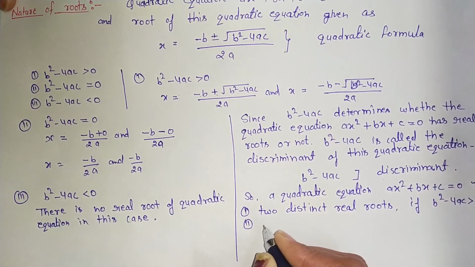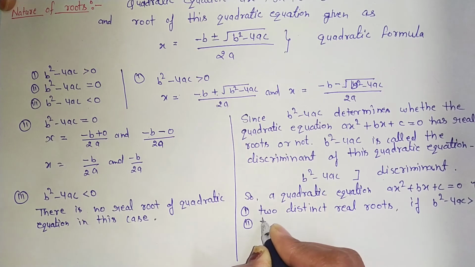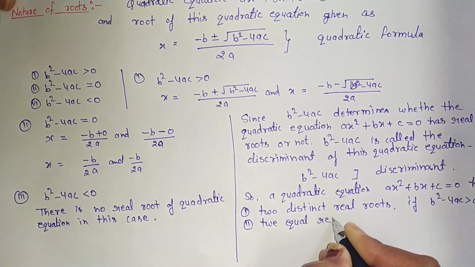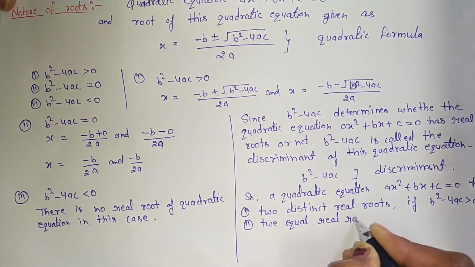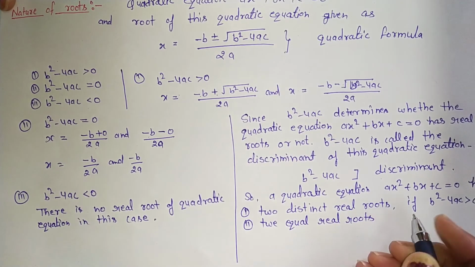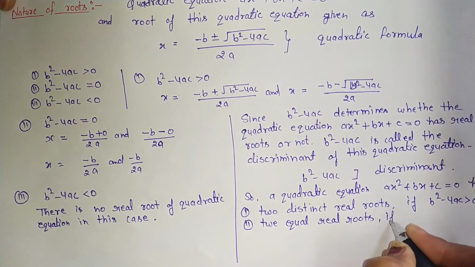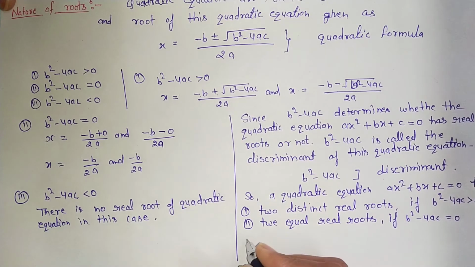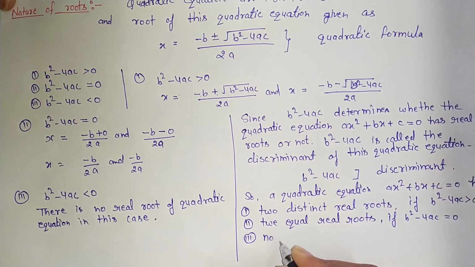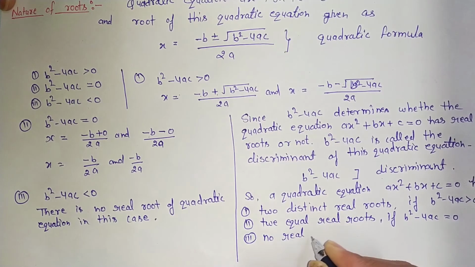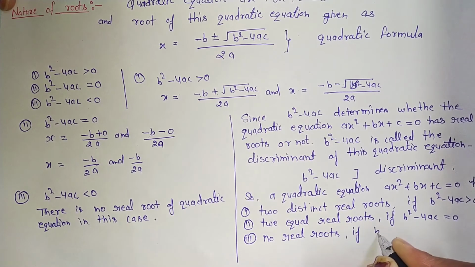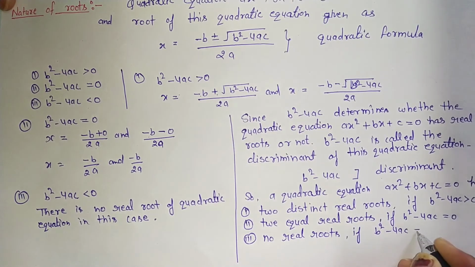Second, two equal real roots if b squared minus 4ac equal to 0. Third, no real roots if b squared minus 4ac is less than 0.